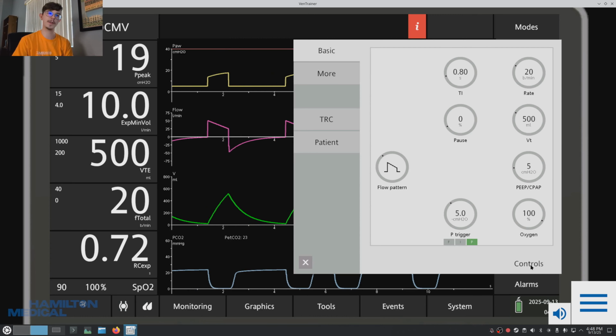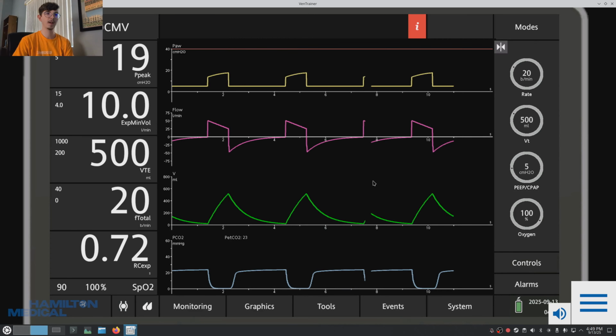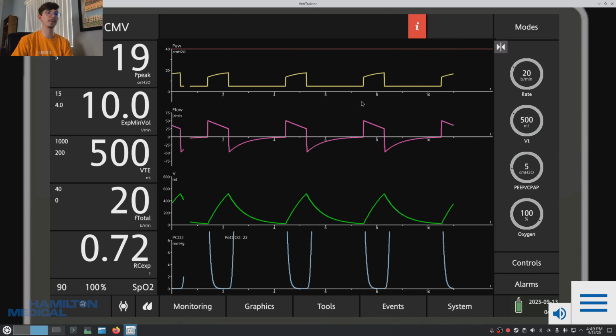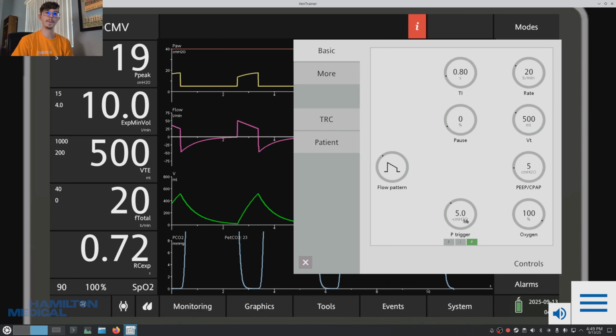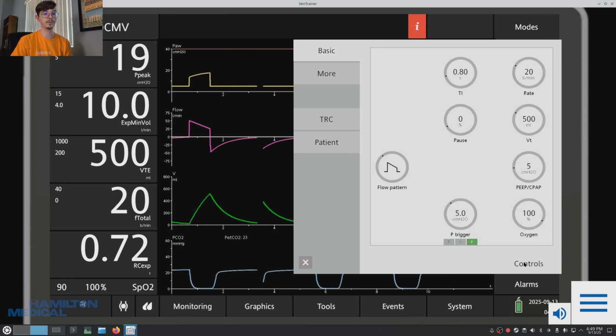It's really not that much pressure. And if you are still seeing a really high rate, it's probably not auto-trigger at that point. Your patient probably actually is in distress. So really, a pressure trigger of 2 to 5 should fix any kind of auto-trigger problems you have.